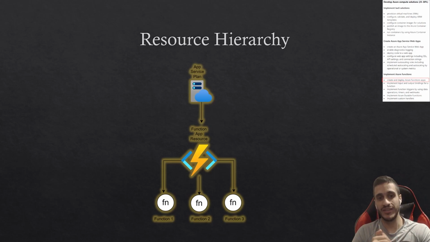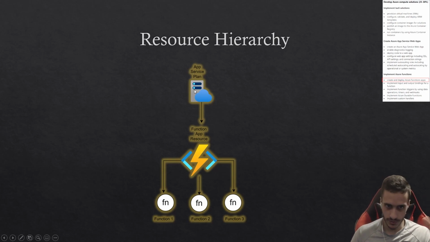Next, I want to talk about the resource hierarchy of Azure function apps. The way this works is you still have an app service plan. You don't deal with that a lot. You typically just do that to configure some network things like VNet integration. But the bulk of this is you have a function app resource, and under that function app resource, you have different functions, different code functions.